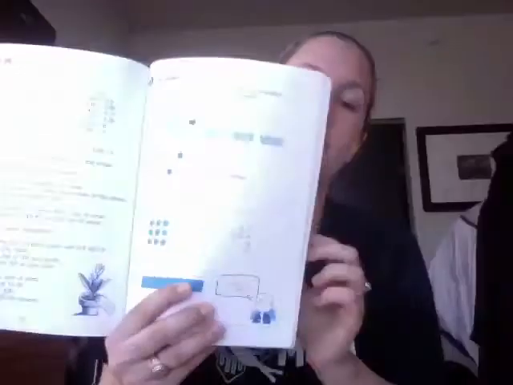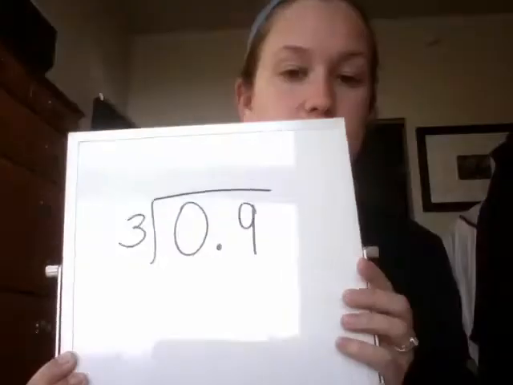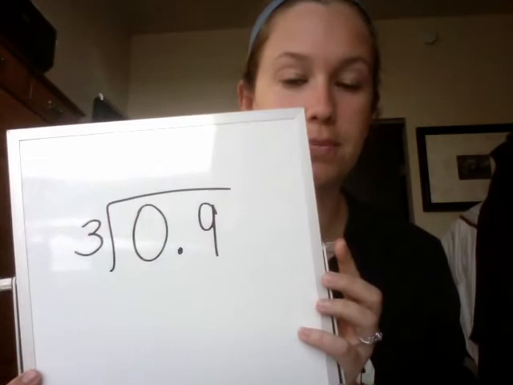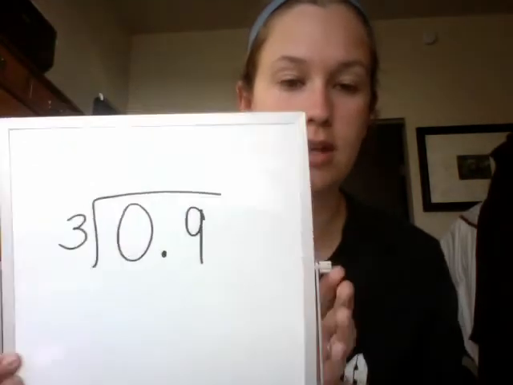But then look, here's where we get to our actual problem, and I'm going to write that out. So you write it just like a normal division problem. We have 9/10, and we're dividing 9/10 by 3. So I set it up like a normal division problem. 9/10 divided by 3.